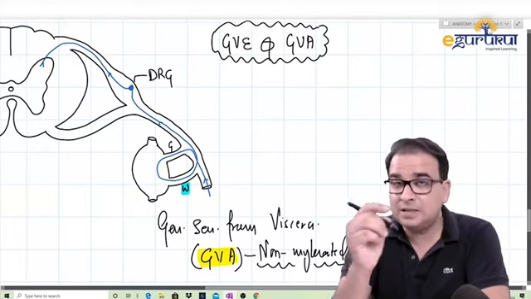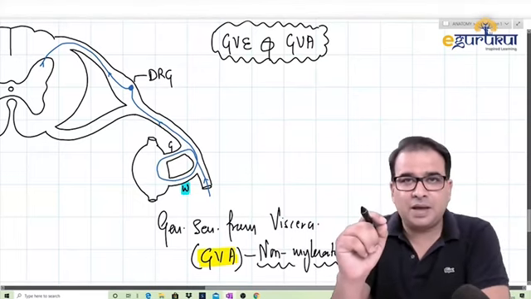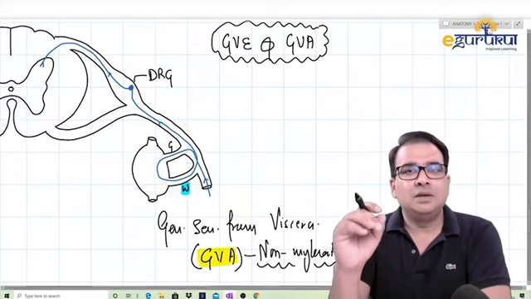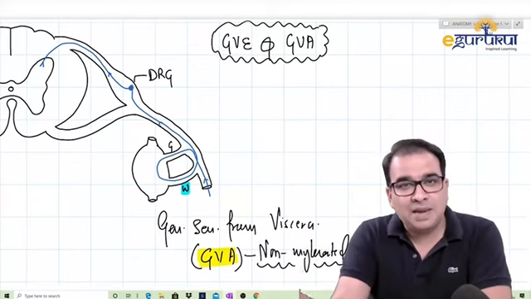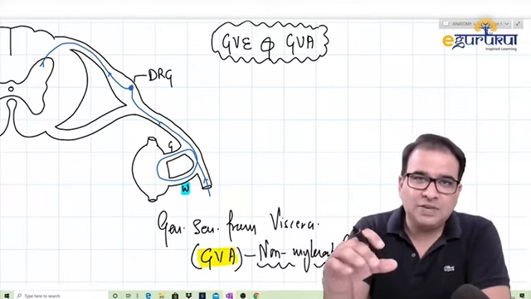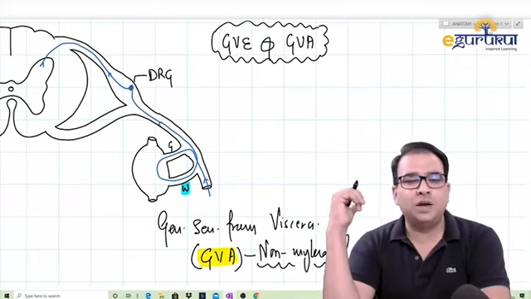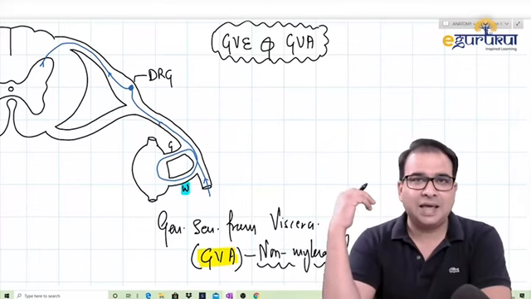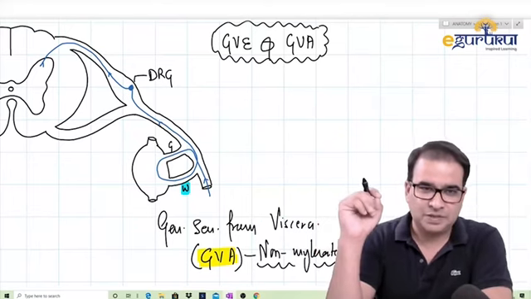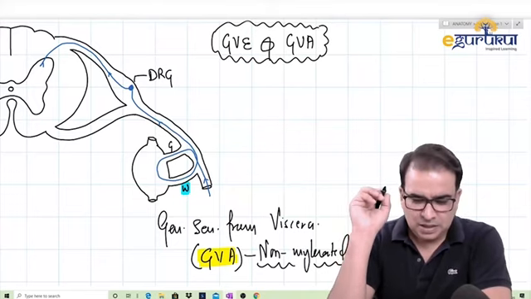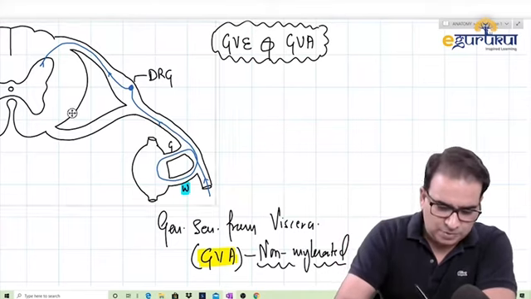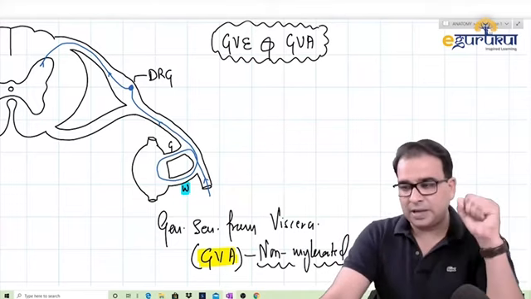That is why we said in the beginning that the white ramus communicans predominantly has myelinated axons, but it also has some non-myelinated axons, like the ones coming from the viscera, carrying the general sensation from the viscera. That is another possible scenario for the white and the gray rami communicantes.